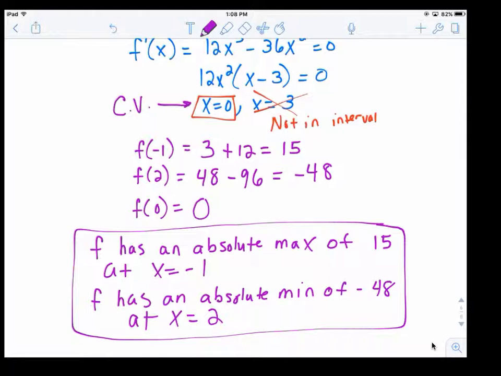Yes. Critical values can't appear at endpoints. Right. So you can have an absolute max or min at an endpoint. You can't have a relative max or min at an endpoint or a critical value.